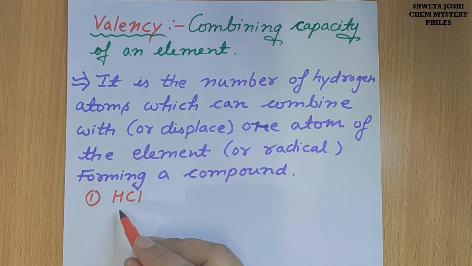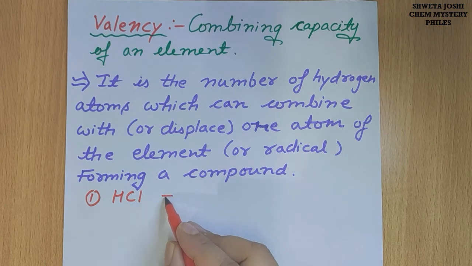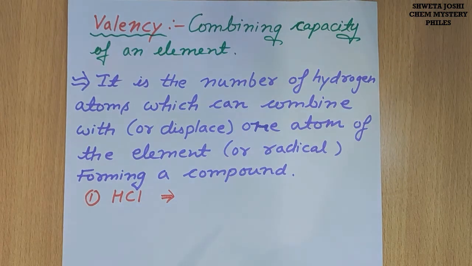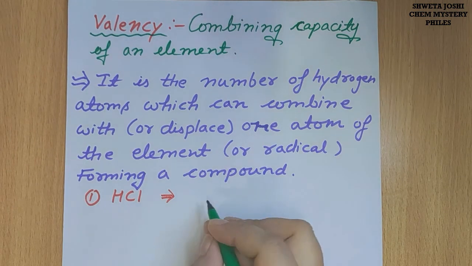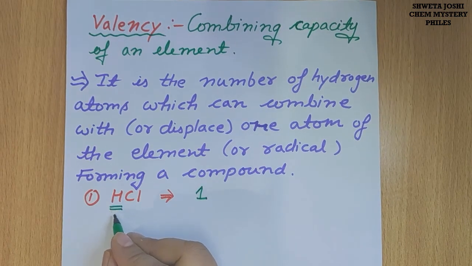So in case of hydrogen chloride, one hydrogen atom combines with one chlorine atom to form HCl. So in this case, since chlorine is combining with one hydrogen atom, the valency of chlorine is 1.